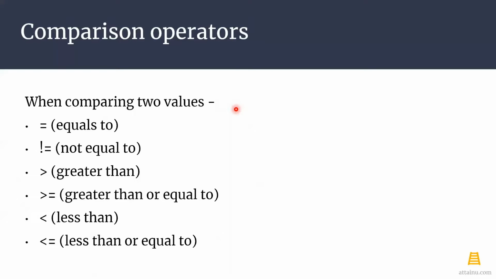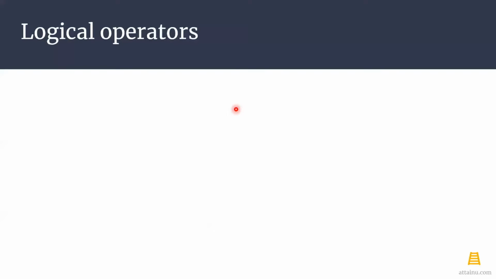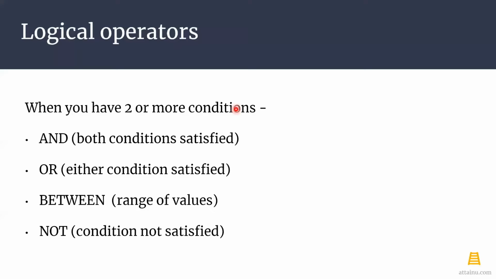The next kind of operator that we look at are logical operators. So there's four main kinds that we will cover today. There's and, or, between, and not. So right now these might seem a little bit abstract, but when we do some examples, it will make a lot more sense. So when you're looking at two or more conditions, you want to filter the data based on two or more conditions, you usually use logical operators.